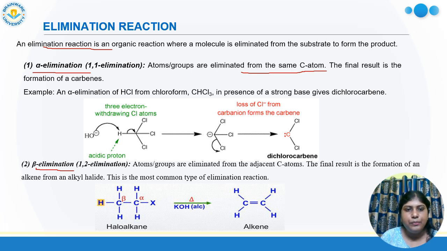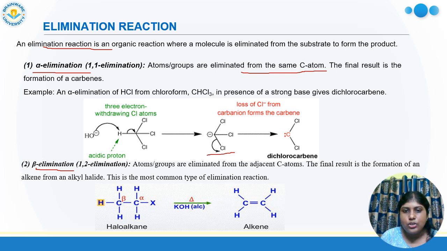For example, suppose it is chloroform molecule, CHCl3. If this chloroform molecule is treated with a base, suppose OH minus ion is a base, and the base abstracts this hydrogen atom, then CCl3 minus will form.